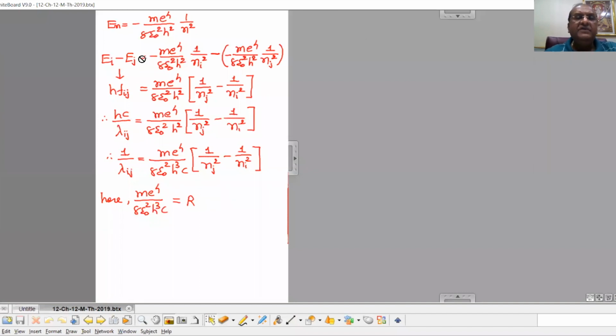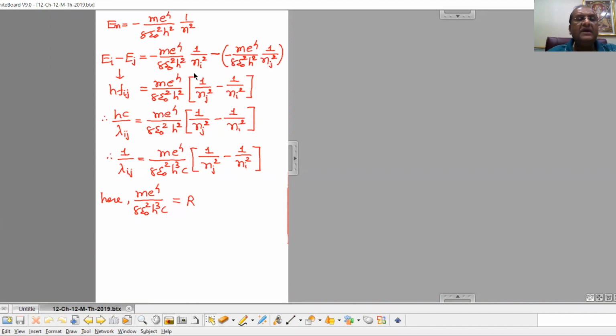Now see, we already derived the equation for energy in nth orbit, that is En equal to minus me4 upon 8 epsilon 0 square h square into 1 upon n square. Suppose electron is transited from ith orbit to jth orbit. So in ith orbit we can write the energy Ei, that is equal to minus me4 upon 8 epsilon 0 square h square into 1 upon ni square.